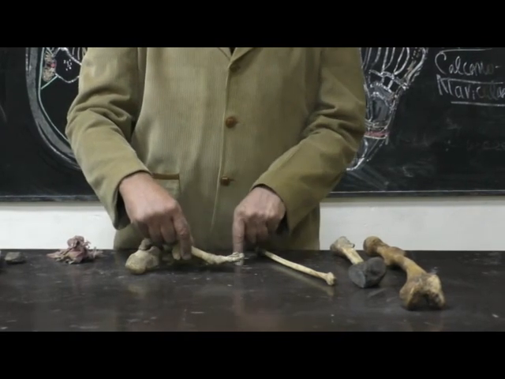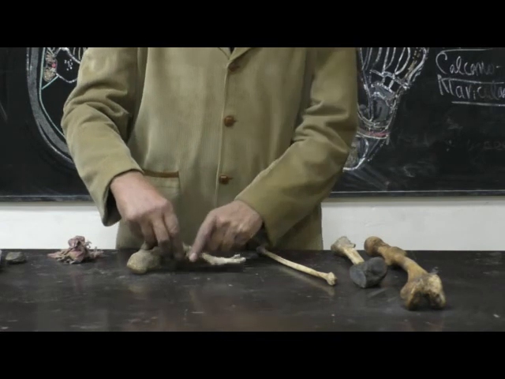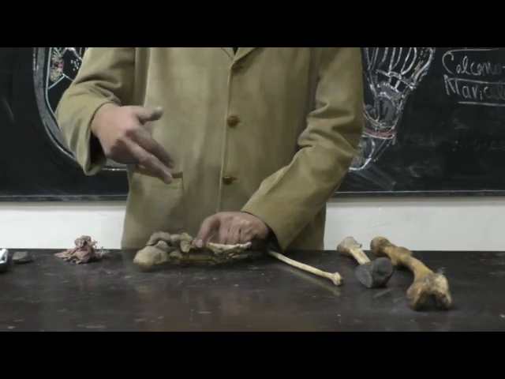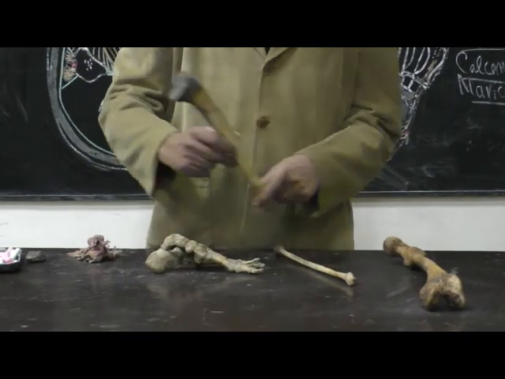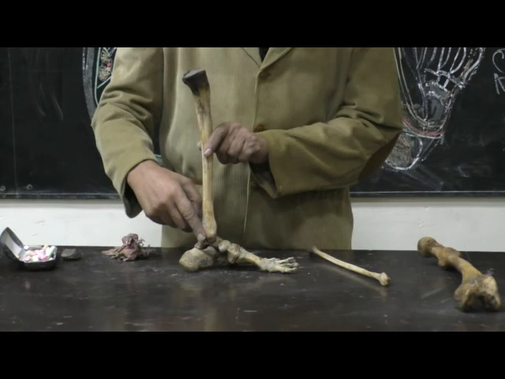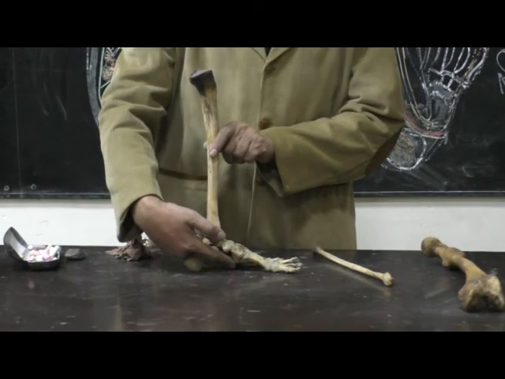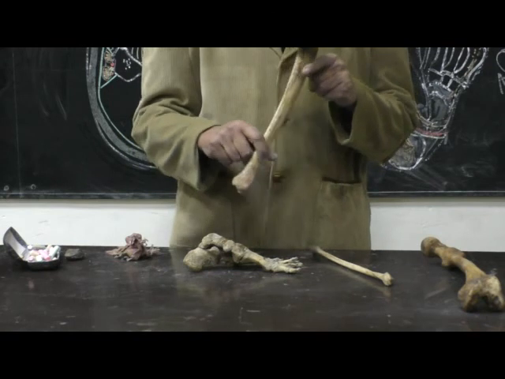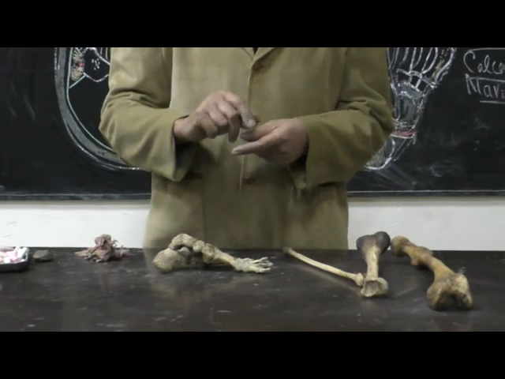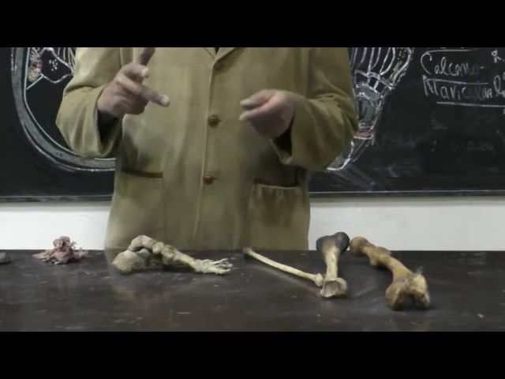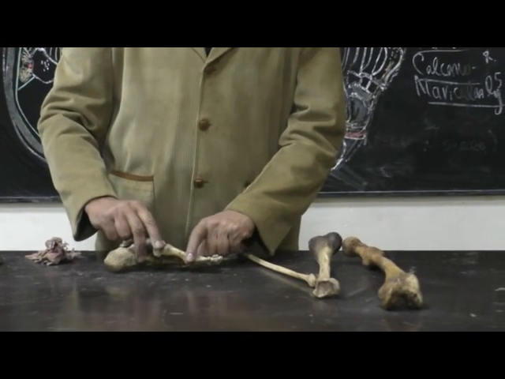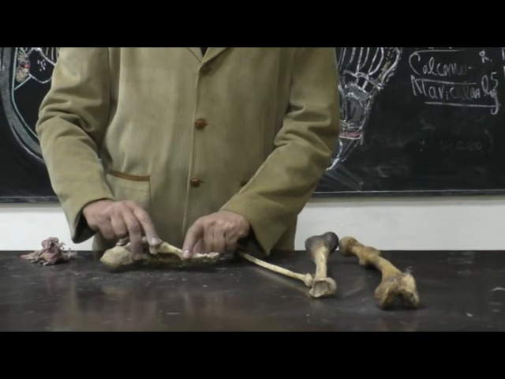Now the second part of the definition of inversion is that the sole should face medially or inward, and this is done by the tibialis posterior muscle, which takes origin from the posterior compartment and goes into the sole of the foot. What we have seen is that the insertion of this tibialis posterior muscle is on all tarsal bones except the talus. Why? Because the tibialis posterior muscle has to tilt the whole of the foot, all the tarsal bones and their intertarsal joints.